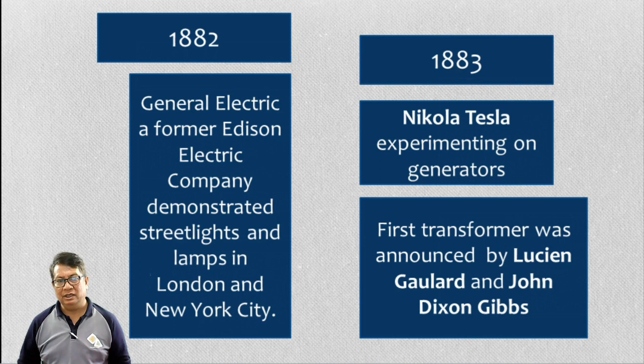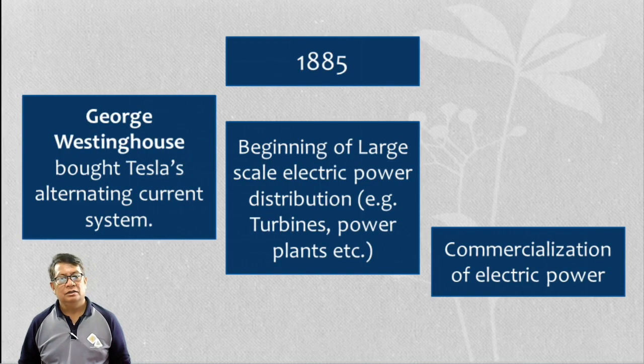So meaning to say that they introduced this transformer which changes the amount of the voltage and the amount of the current. This is especially used for the transmission system.